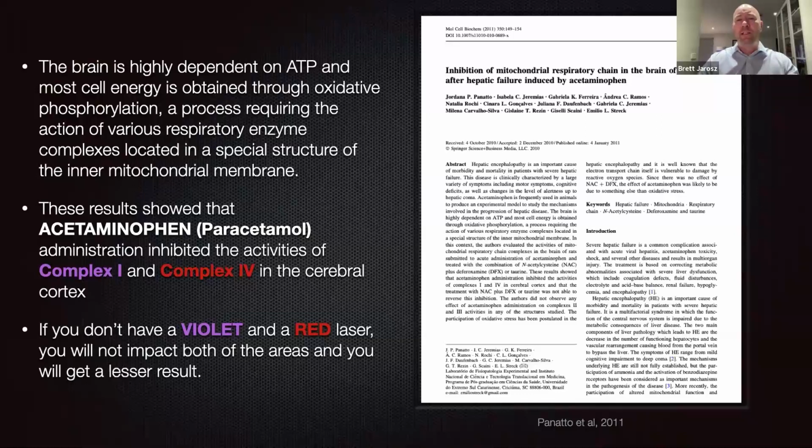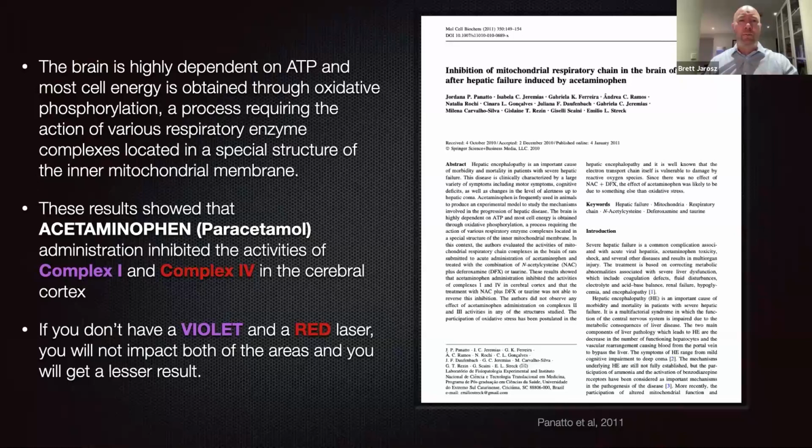So if we're seeing these drug-induced effects of mitochondrial toxicity, and we've already seen that NSAIDs, aspirin, ibuprofen, paracetamol here, we're seeing that complex 1, and obviously in paracetamol, complex 1 and complex 4 are being affected.